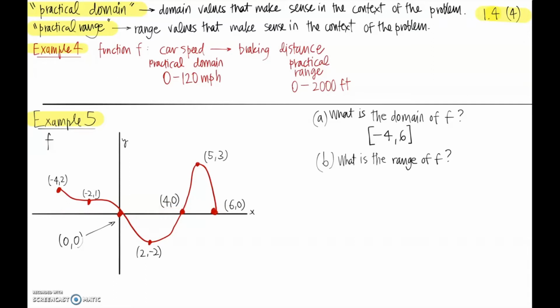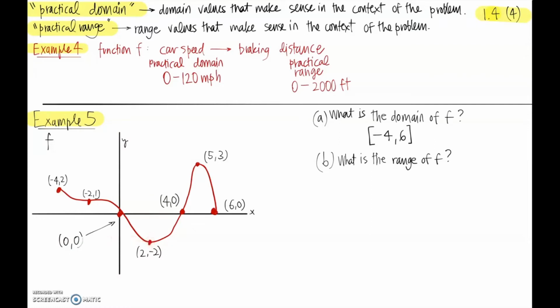The next question is, what is the range of our function f? Range has to do with output values, which is always on the vertical axis. So of this whole function, what are my lowest output values and what are the highest output values? The lowest is kind of the low point here.